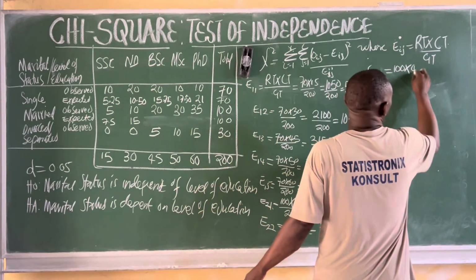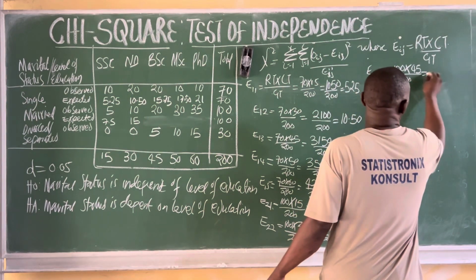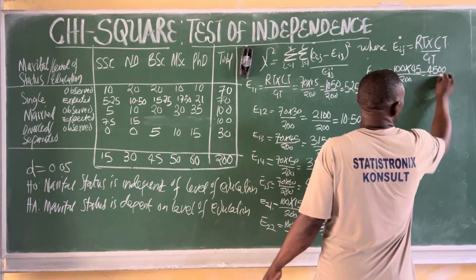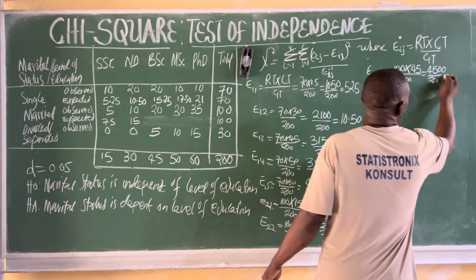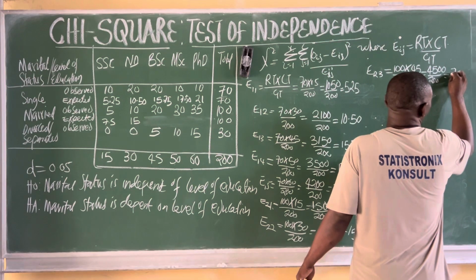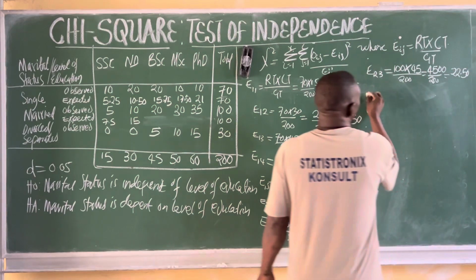So we have 100 times 45 all over 200. And that's equal to 4500 divided by 200. And that will give us 22.50.